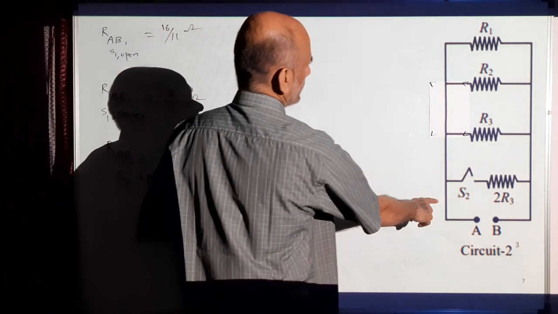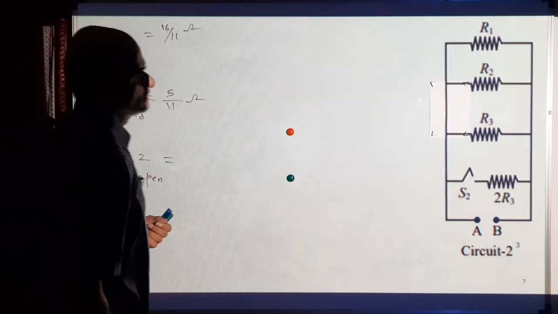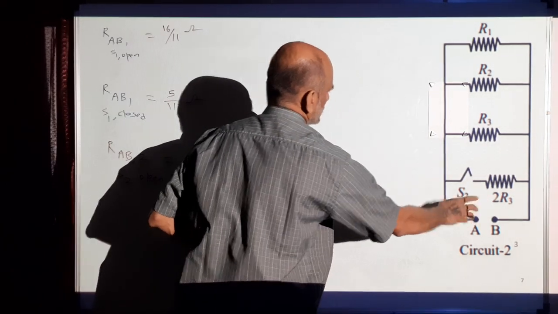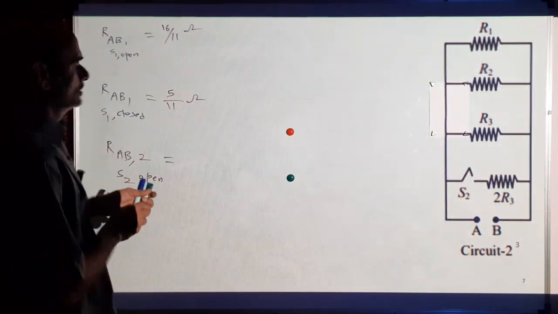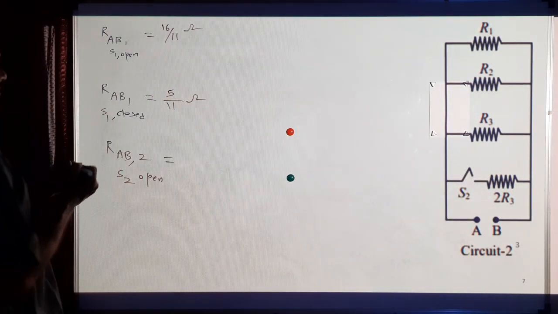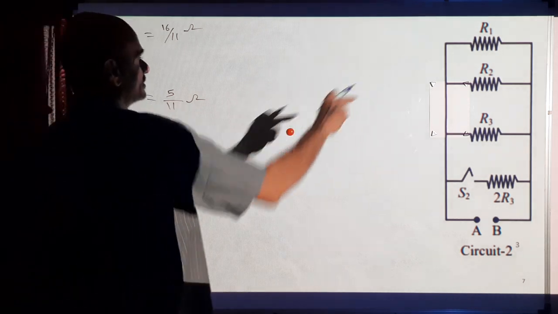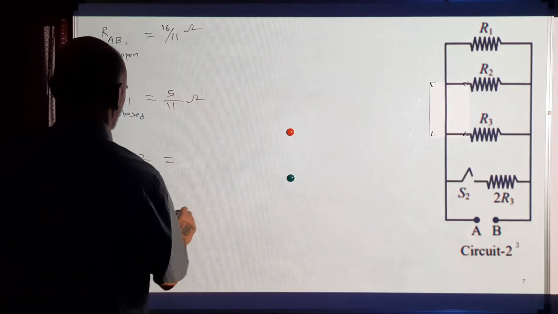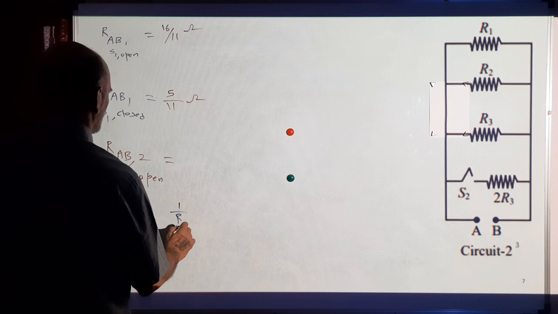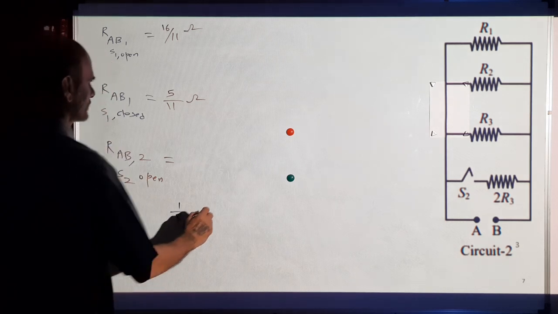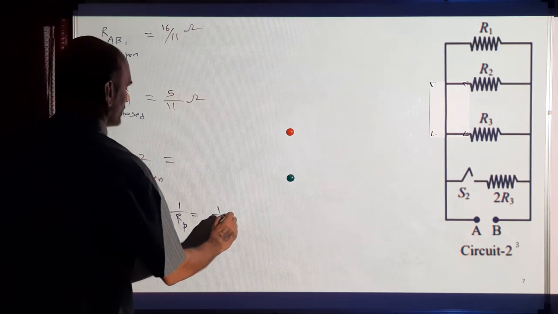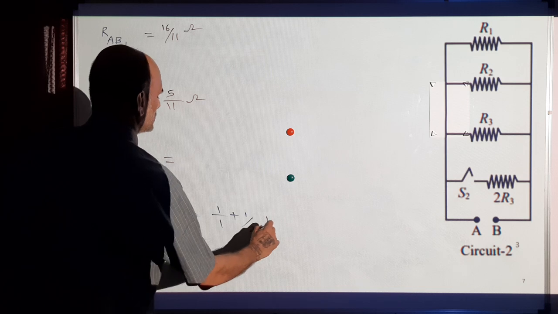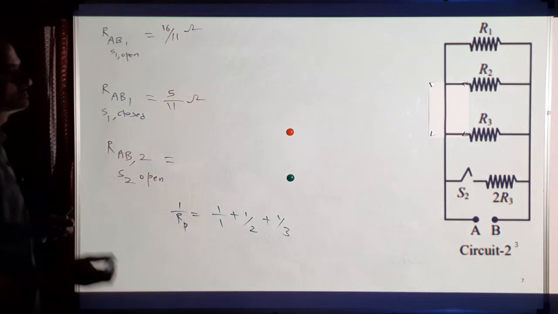So when the switch is open, R1, R2, R3 are in parallel. No current is flowing here, so this is not there. So the total resistance, we have to do the 1 by Rp in parallel combination. The reciprocal of resistance will add: 1 by R1 plus 1 by R2 plus 1 by R3.